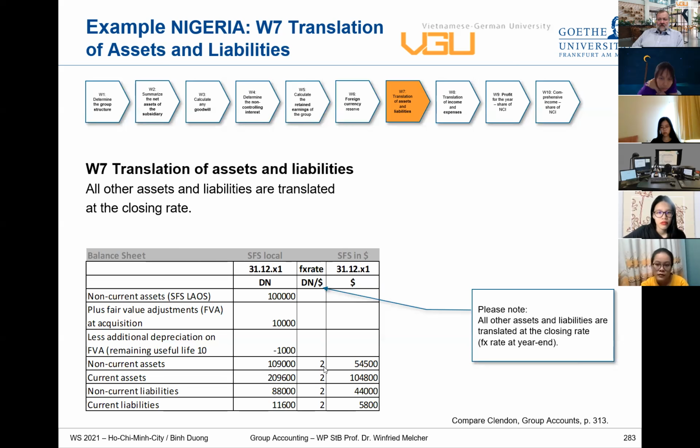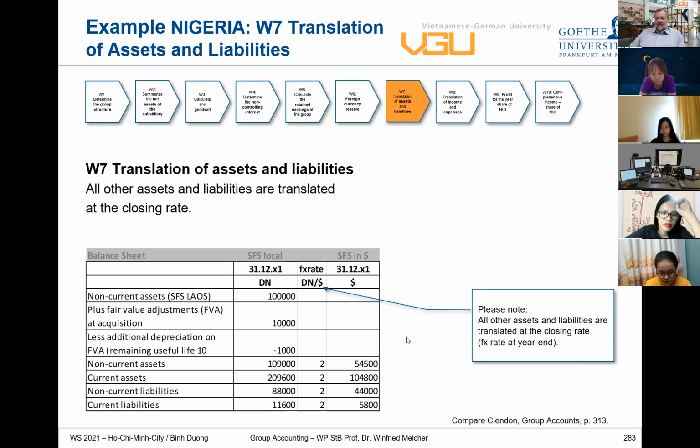And we will retranslate those dinar amounts into dollars using the year-end rate. So that results in 54,500. The current assets, same. Non-current liabilities, same. And the current liabilities are also retranslated at the closing rate.